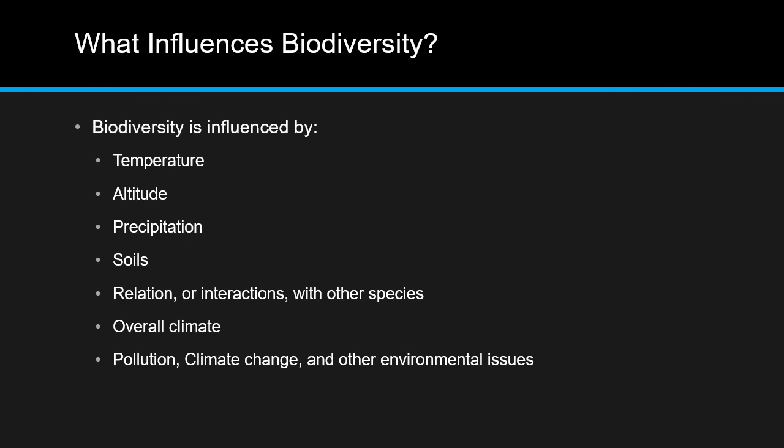Climate change and global warming can also have a ginormous impact on biodiversity. Other environmental issues, such as habitat destruction and deforestation, the permanent removal of trees from large areas of forests, can also have a ginormous impact on biodiversity. And that is sort of what we're going to focus on today, actually: the impact of humans on biodiversity.